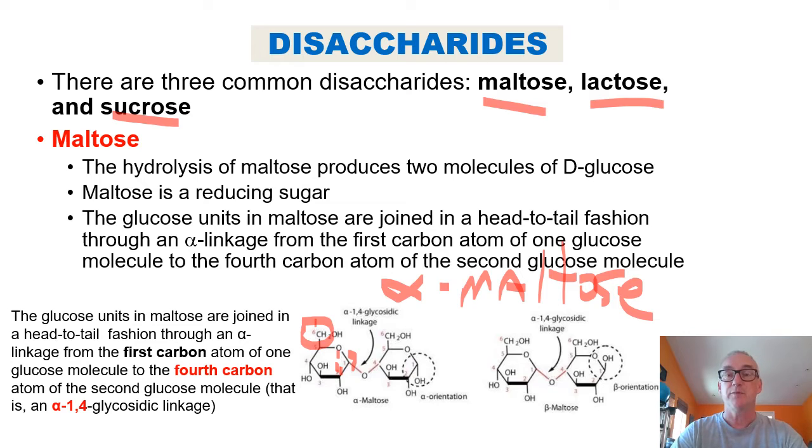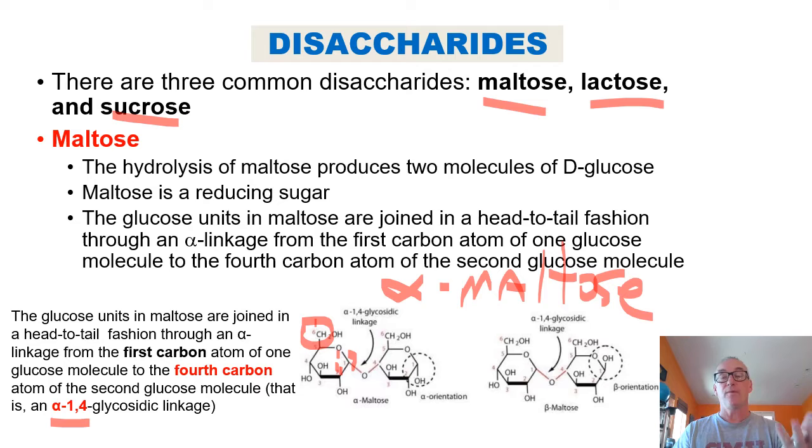And the linkage would be referred to as an alpha 1,4 glycosidic linkage. So if an enzyme were to break that down into its glucose monomers, it would have to be an enzyme that broke down alpha 1,4 glycosidic bonds.